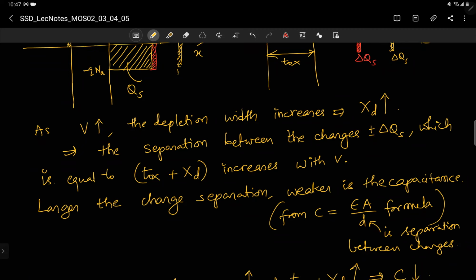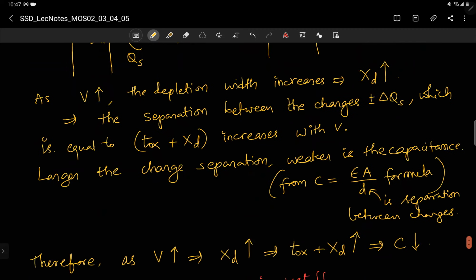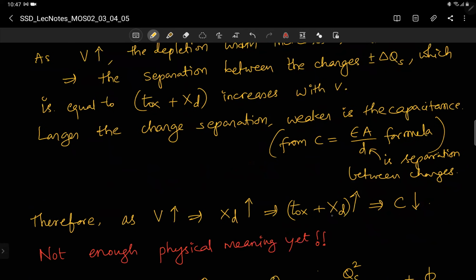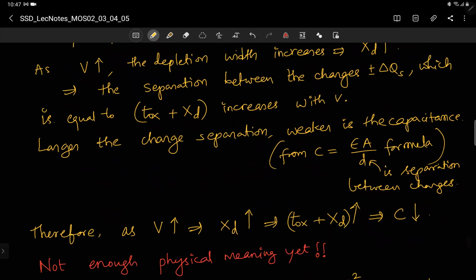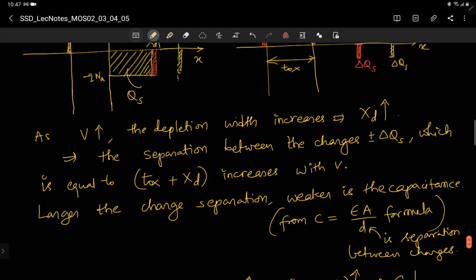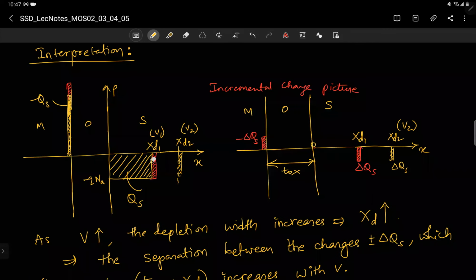Now see what is happening. As V increases, XD increases. All right, so Tox plus XD increases, which implies C decreases. So that's what we understand. At V1, XD1 is the depletion width, and for a delta V above V1, the change happens at XD1. And for V2, for a change delta V above V2, the change in charge happens at XD2.